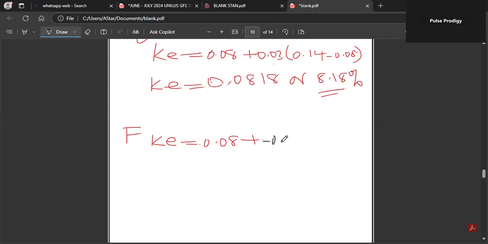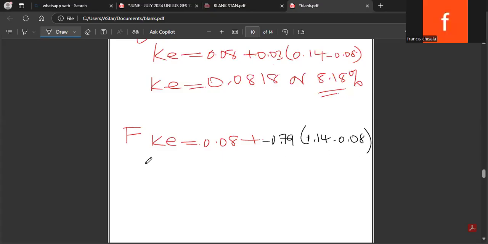Okay, so negative 0.79, then 0.14 minus 0.08. Meaning that our KE is using the capital asset pricing model.